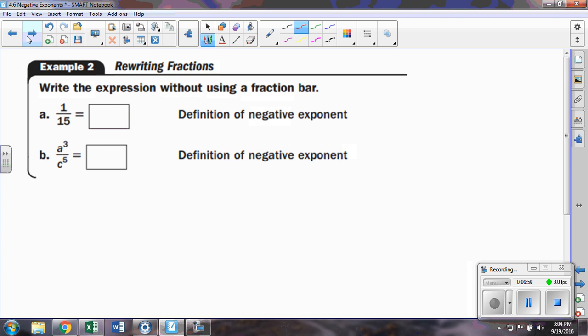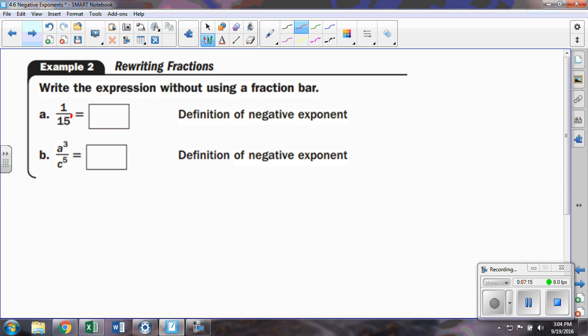So what about here? 1 over 15. Well, now we don't want fractions involved. Basically, this is just working backwards. If we want to get rid of them, well, this is 15 to the positive 1.